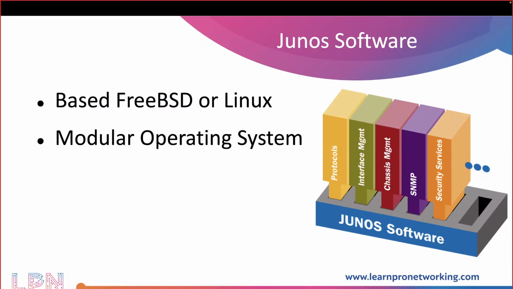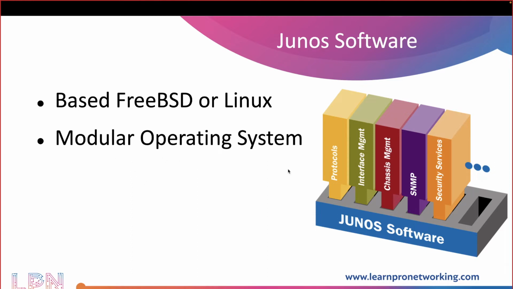So what I mean to say is, when you have a Juniper, different modules are running independently. Because of that, every service is going to be running in its own protected space. Because of that, if one fails, it is not going to affect the other modules' functions. That is the advantage of going for Junos software.